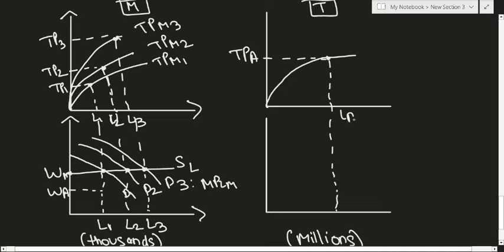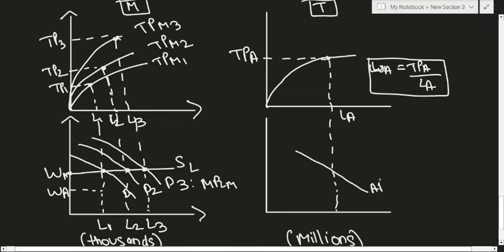Now we take this labor level and here we have WA as TPA upon LA as average product of labor equals the wage rate here. So we draw our average product of labor here and we get our wage rate. Here wage equals average product.